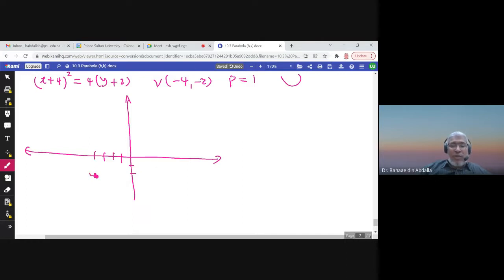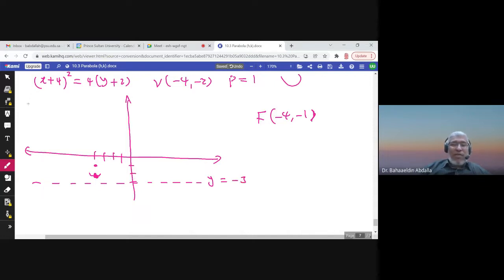It opens upward. So 1 unit up, and you will reach the focus. The y coordinate is negative 1. So that's the focus. Go 1 unit down and graph the directrix and sketch the graph.